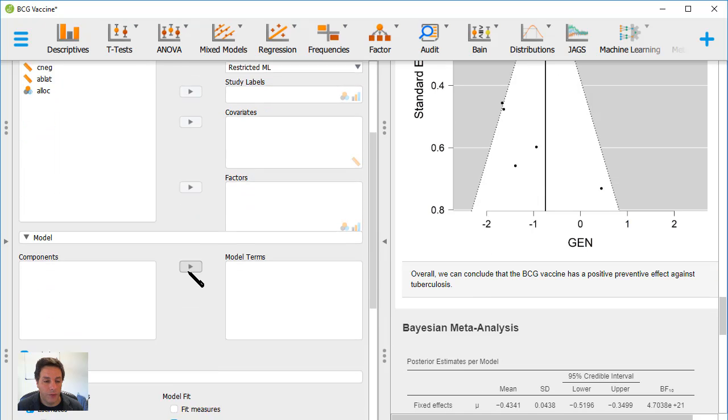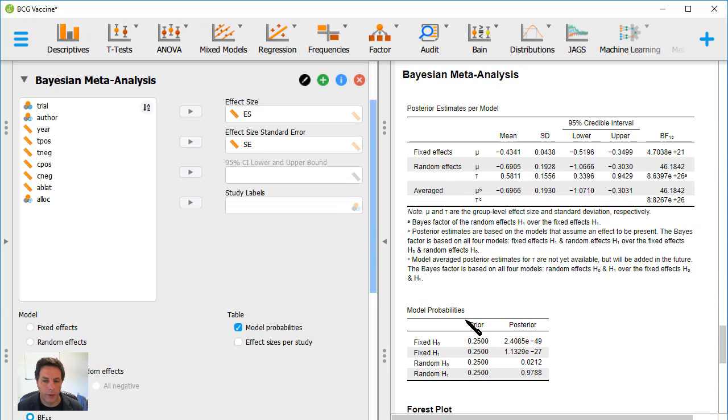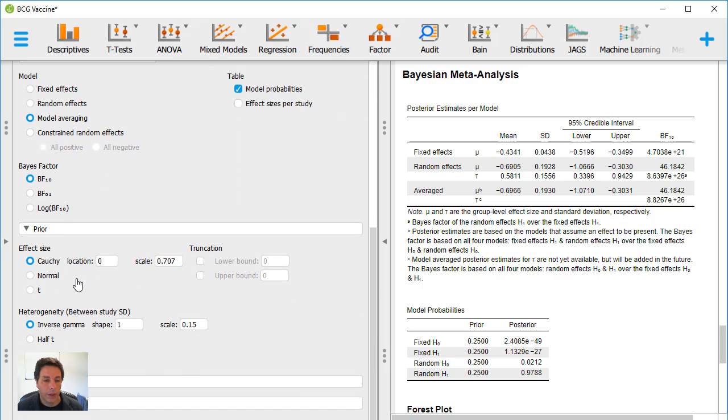I will go to the Bayesian aspect, but I'm going to just explain one issue very briefly. What we have in the Bayesian meta-analysis is a prior over the models and a prior over the effect sizes.